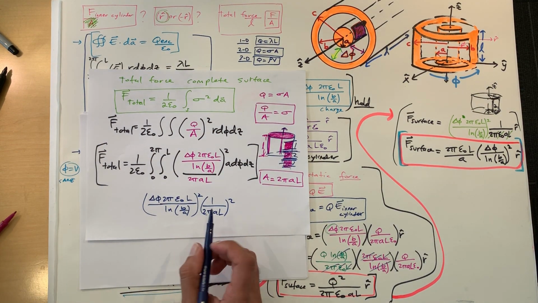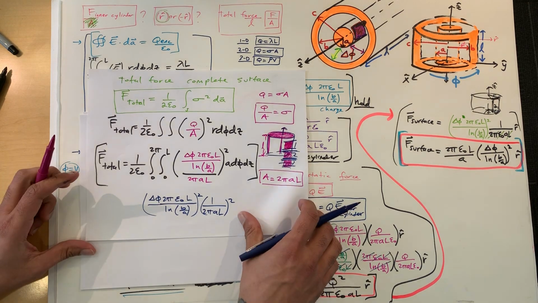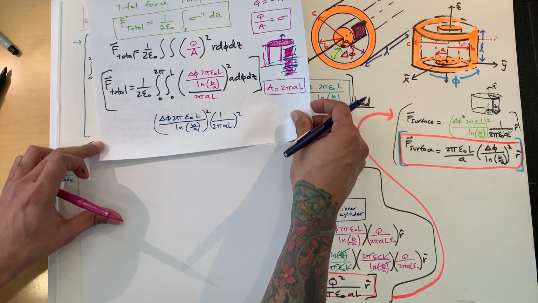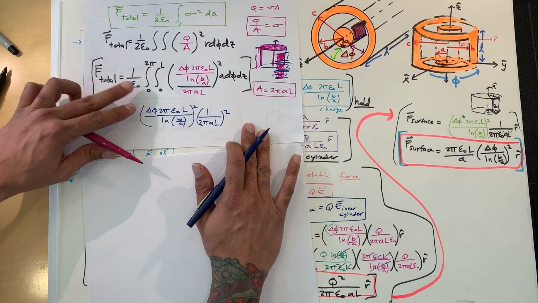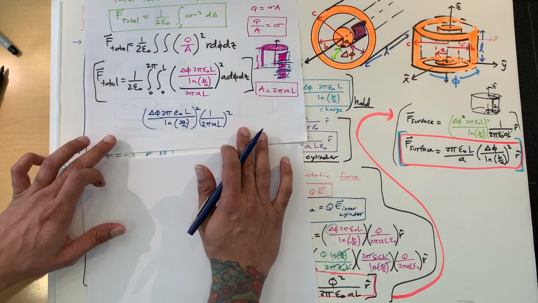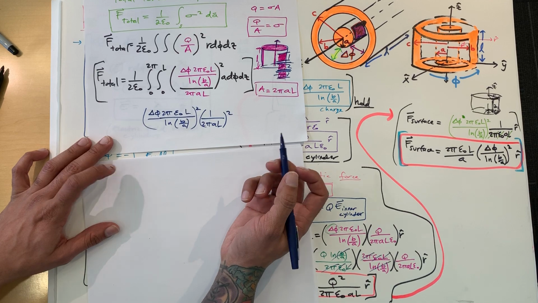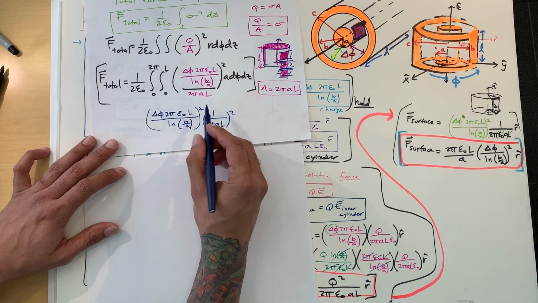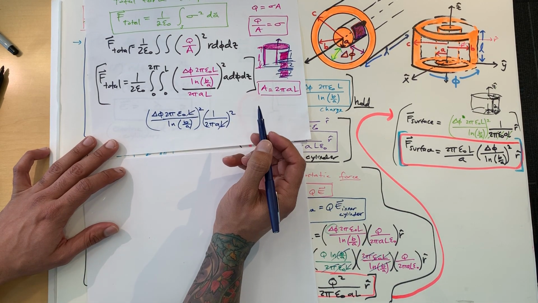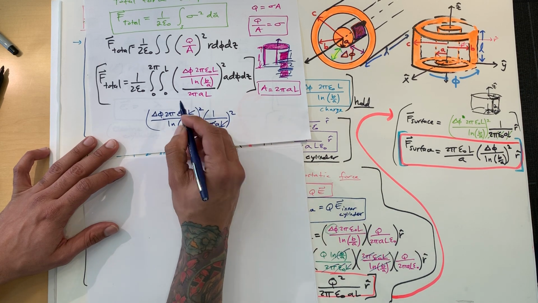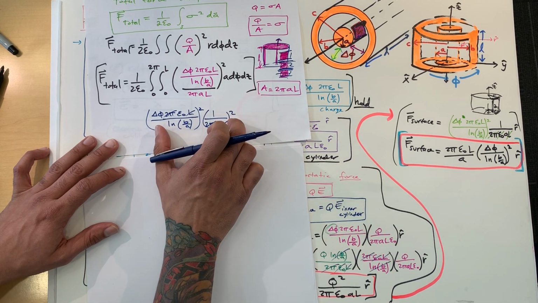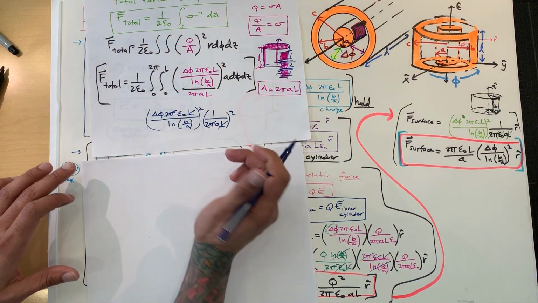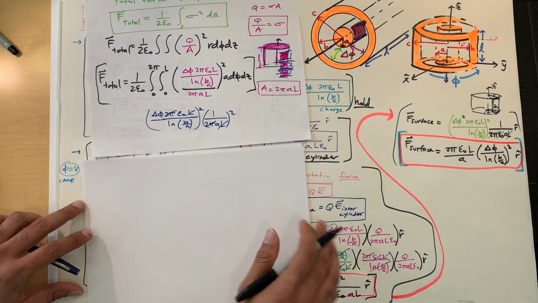So then we can clearly see things that cancel out. Let's see what cancels out. We have the L's, no L's. We have the 2 pi's, and I think everything else stays. Okay, so let's evaluate the integral and see what we get.